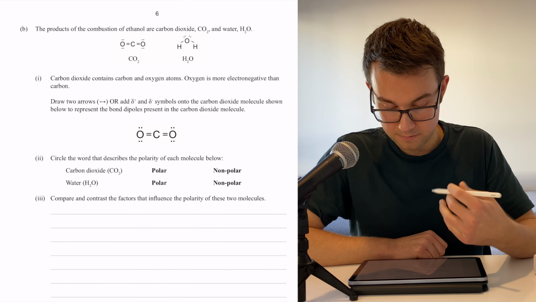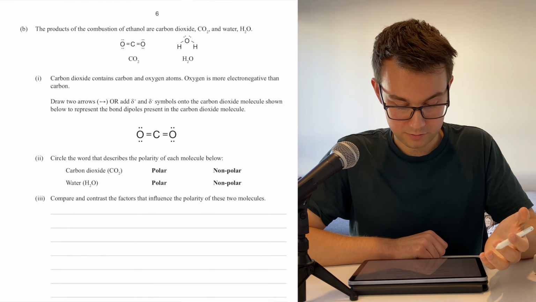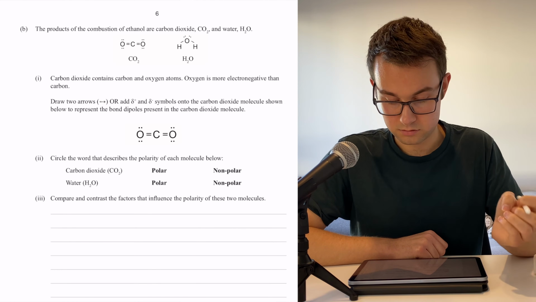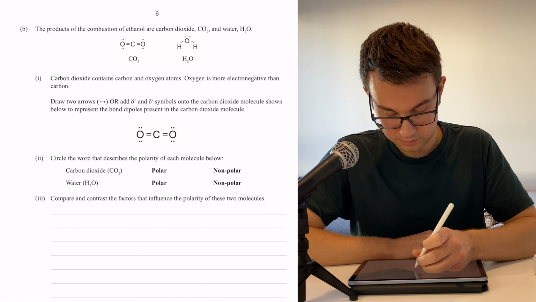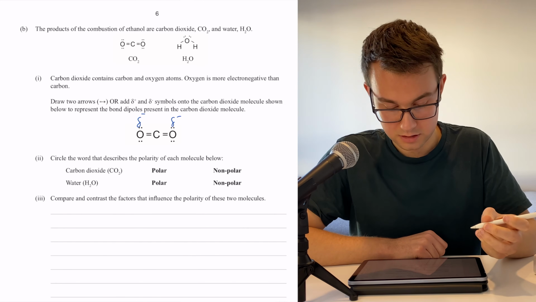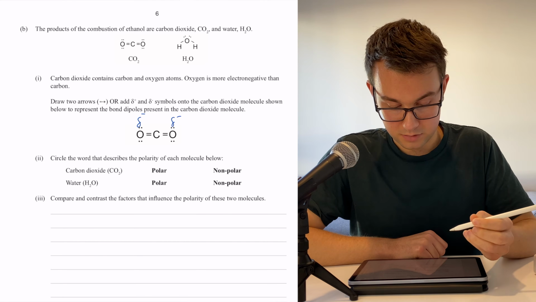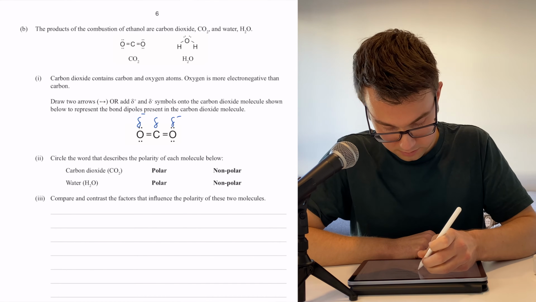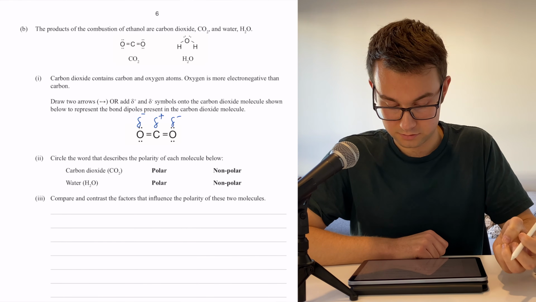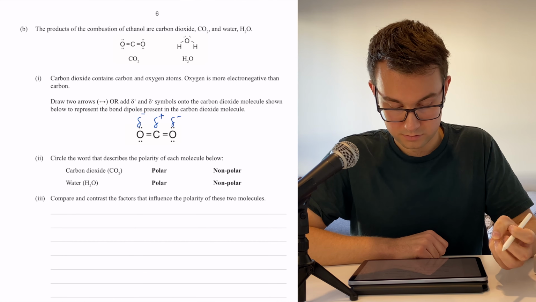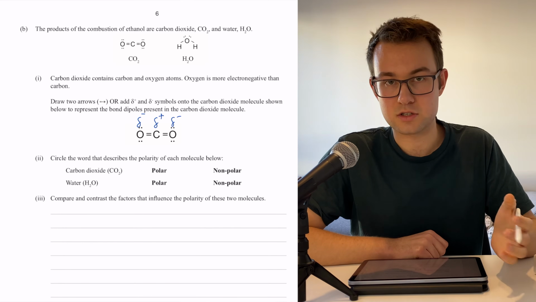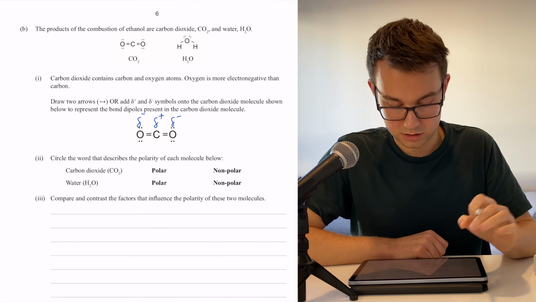Therefore, oxygen is going to have a slightly more negative charge, because electrons are negative, little delta minus over the oxygen, and therefore, comparatively, carbon is going to be delta plus, slightly partially positive. So the delta sign is just a partial positive or negative charge.